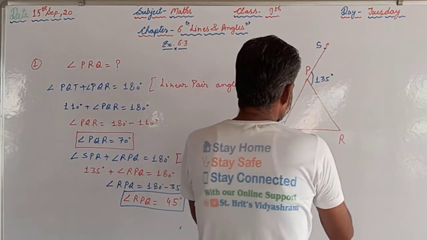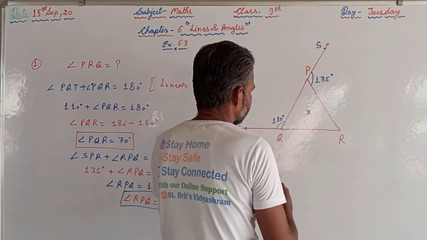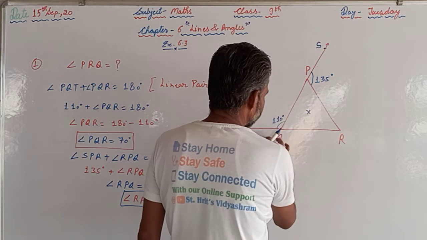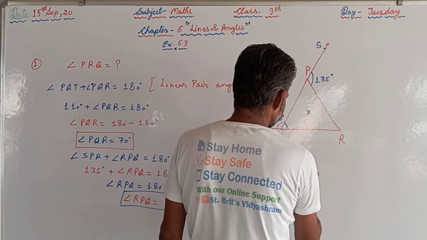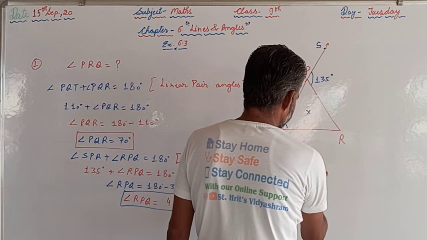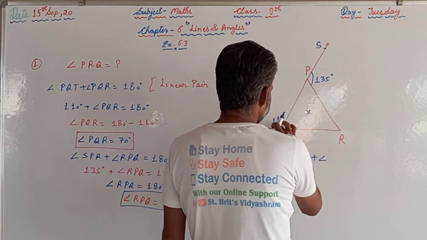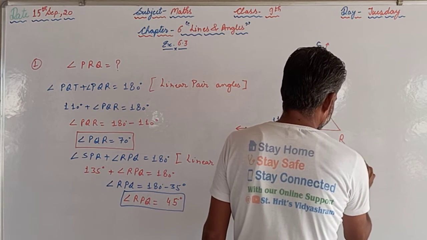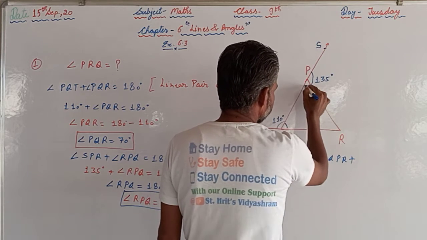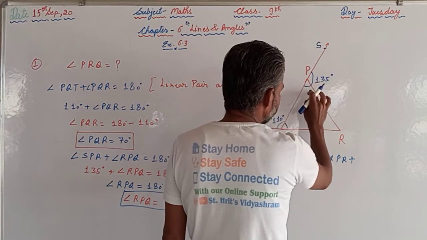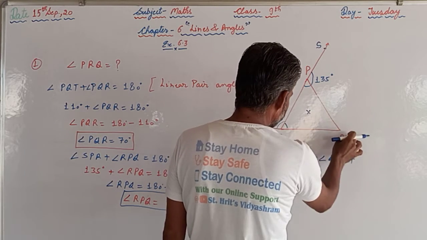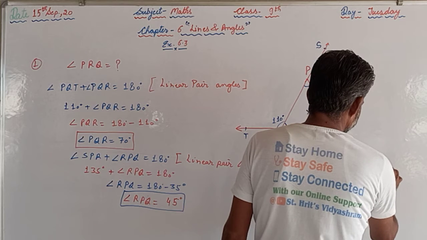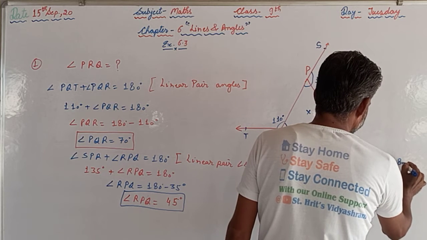Now we can consider the triangle. Angle PQR plus angle QPR plus angle PRQ is equal to 180 degree.